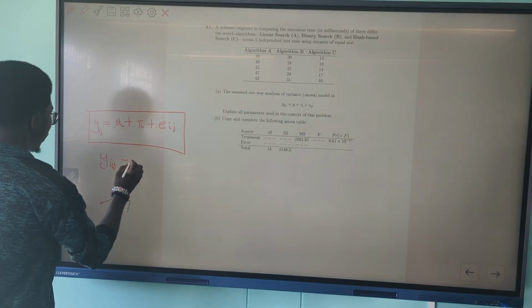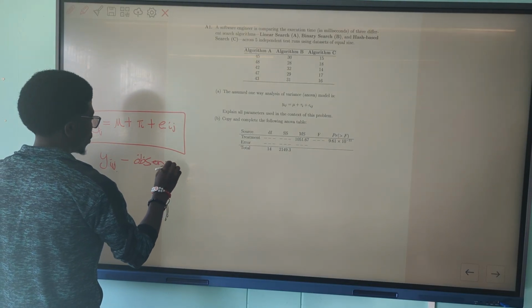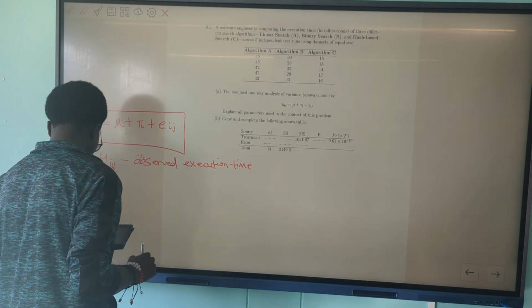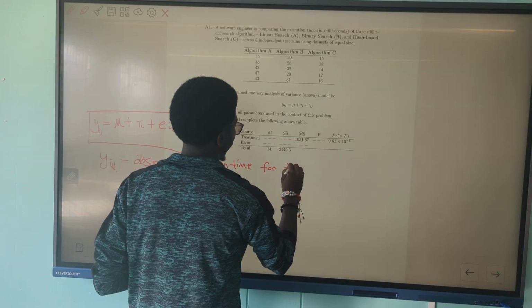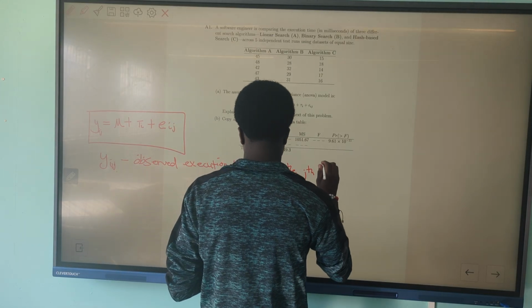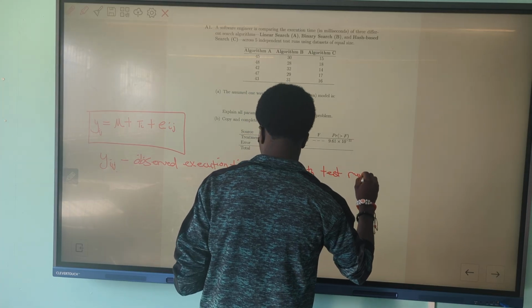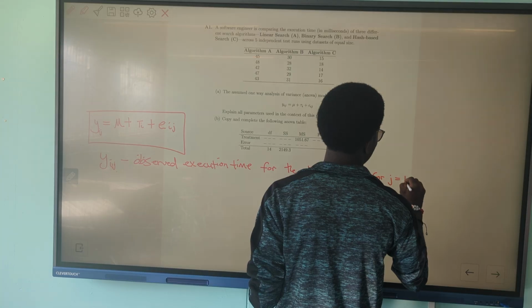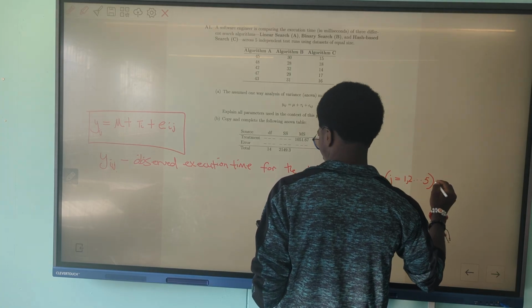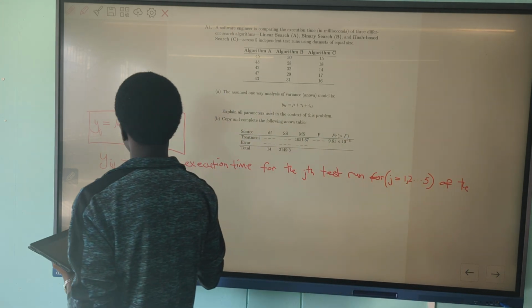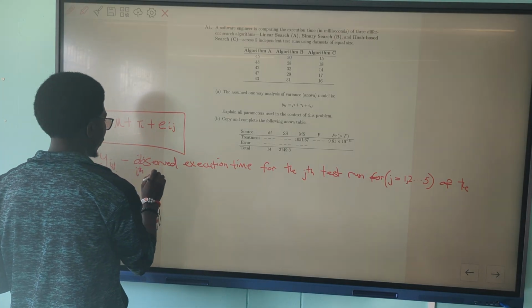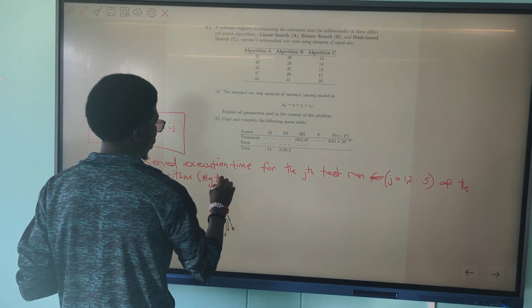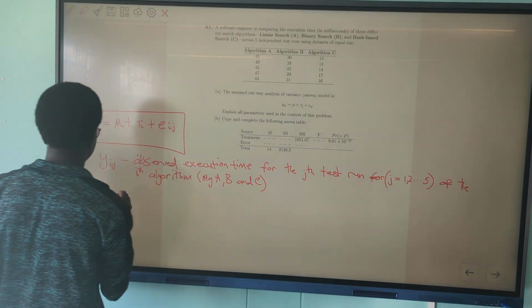This means the observed execution time for the jth test run, for j equals 1, 2, up to 5, of the ith algorithm, that is algorithm A, B, and C. That's what this means.